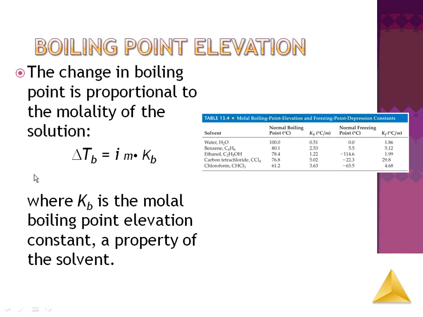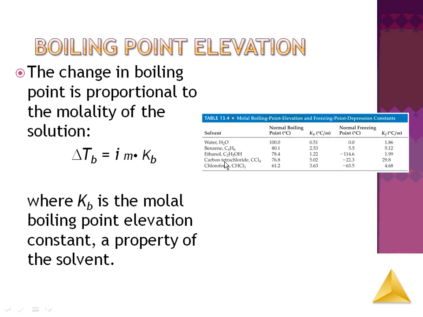All right. So here's our formula that we can use to determine the temperature change when something has an impurity mixed with it. And if we take a look here, we've got one constant, Kb. Kb would be its freezing point depression constant, and you can see they just come in lists like this with different solvents.